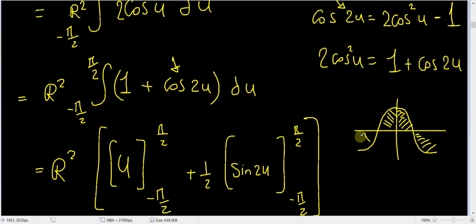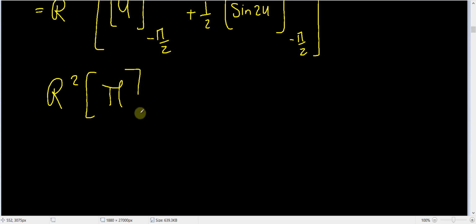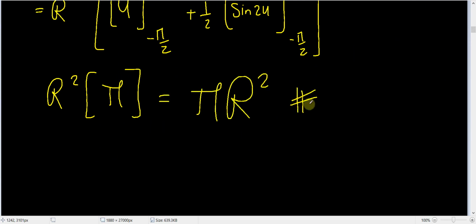Also this area will cancel this area, and so you will get a 0 total area. So that's why this integral is equal to 0, or you can just evaluate it using this to get a 0 result. So this will be equal to pi r squared as expected.